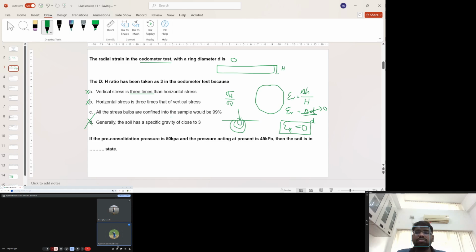For this dimension, the entire pressure bulb will be accommodated within the sample once this ratio is followed. That is the reason the D to H ratio is taken as 3. Fine. So the right option is C.